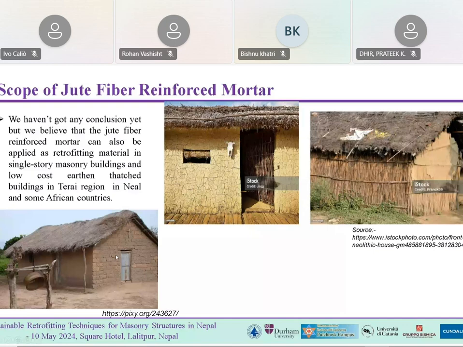It will be low cost for the owner as well as for the government, if the government wants to retrofit these types of buildings with jute fiber mortar and jute fiber mesh. This is our idea about how we will do our research.